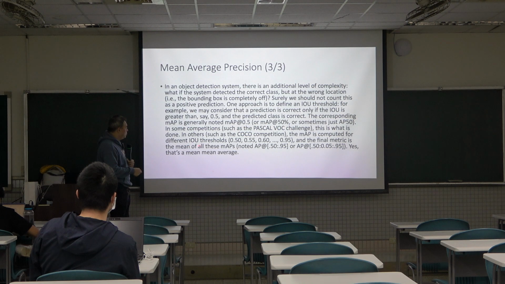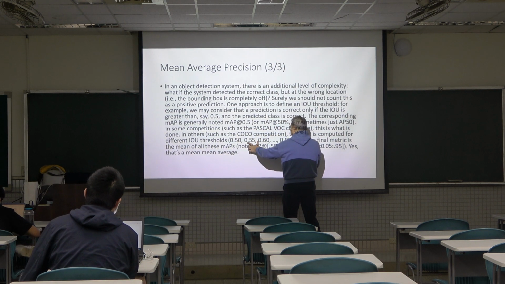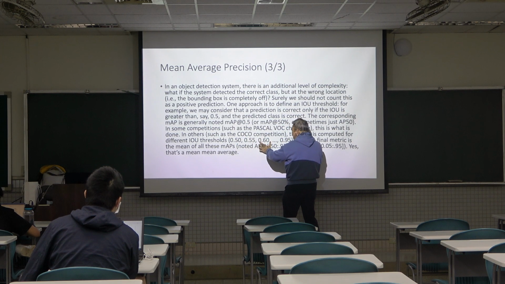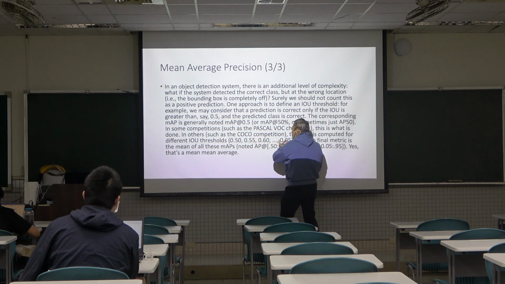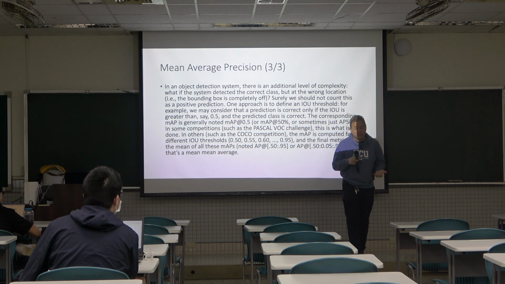We consider the IOU threshold to be 0.5, we get a mAP, and we consider 0.55, we have another mAP, and 0.60, another mAP, and so on, up to 0.95. Then we add all these mAPs and do another average.